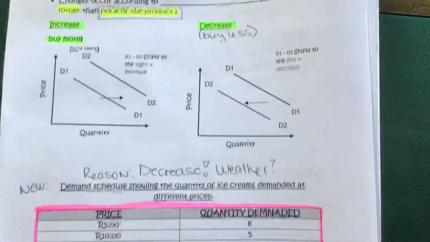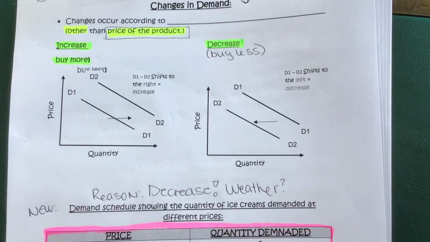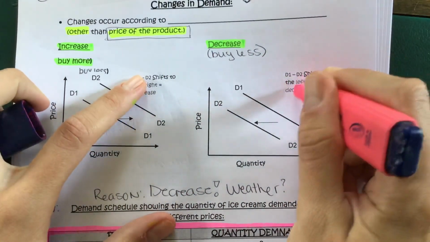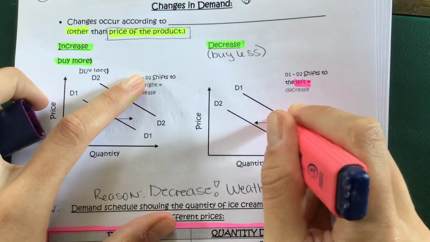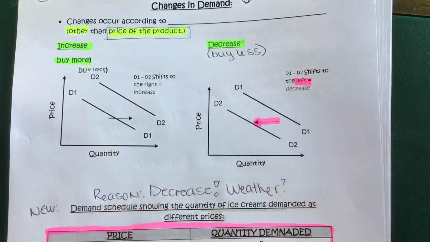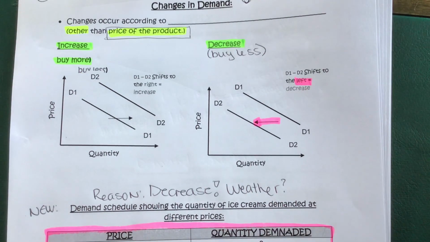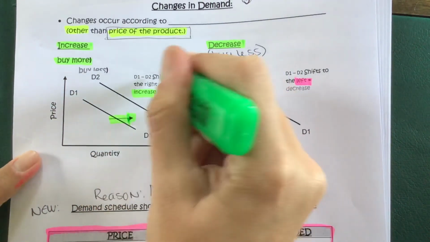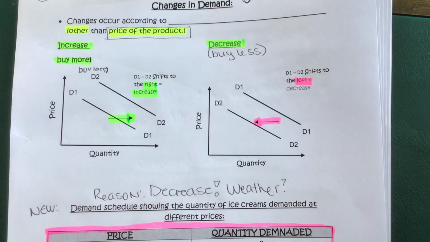This is what we've already spoken about: when there is a decrease, there is going to be a shift to the left, which means the opposite. When there is an increase, there is going to be a shift to the right.